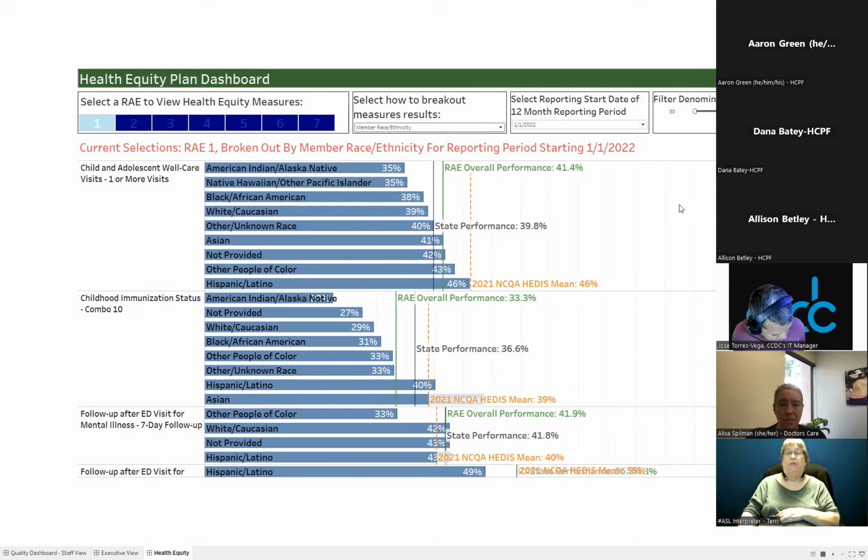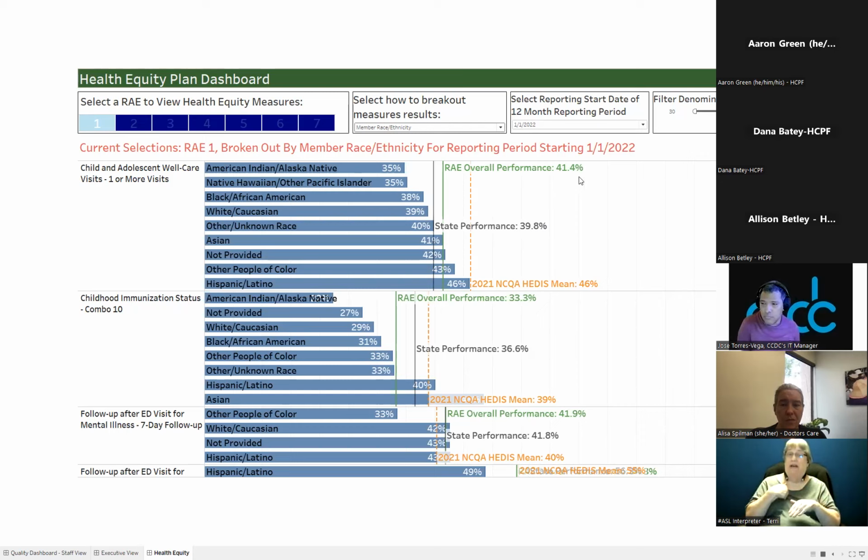We have three vertical reference lines for the measures on this dashboard. The dark gray or black line is state performance, so that's our HCPF department performance. For child and adolescent well-care visits, for the department, almost 40% of kids had a well visit.